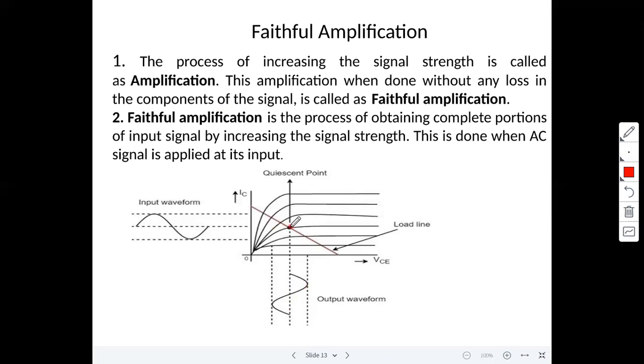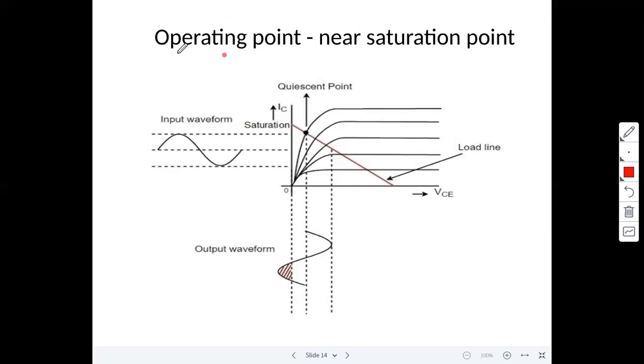This can be achieved only when the operating point is selected approximately in the middle of the DC load line. Now suppose the operating point is selected near the saturation point. This portion is the saturation region.